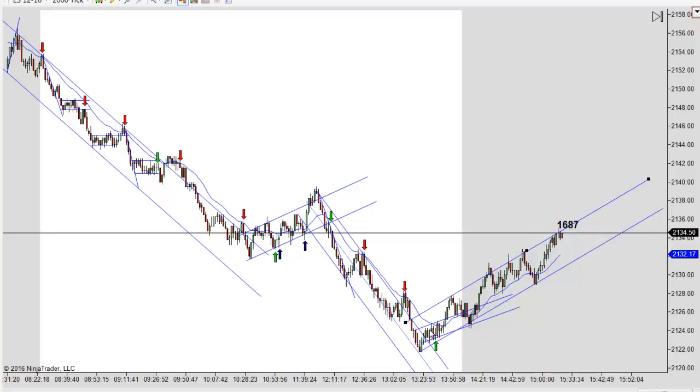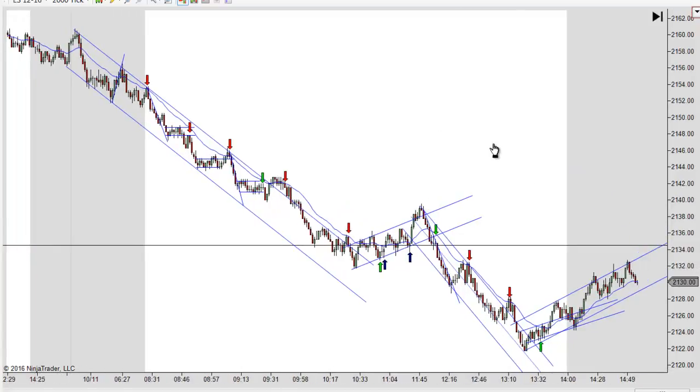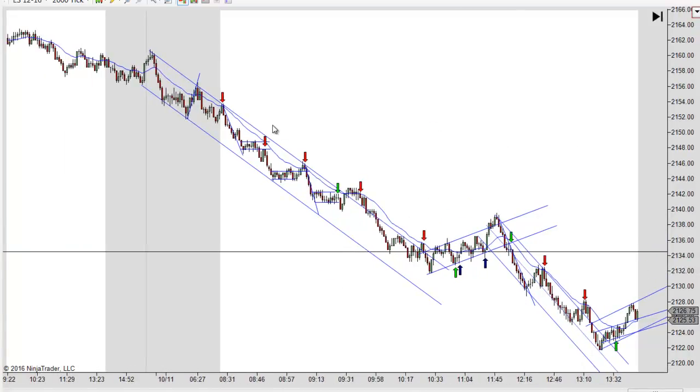This is all you needed here because it got you into the 2 o'clock hour. But notice that larger pattern working there. Fairly easy day. Lots of runners today. Just about every one of these would have caught a runner.